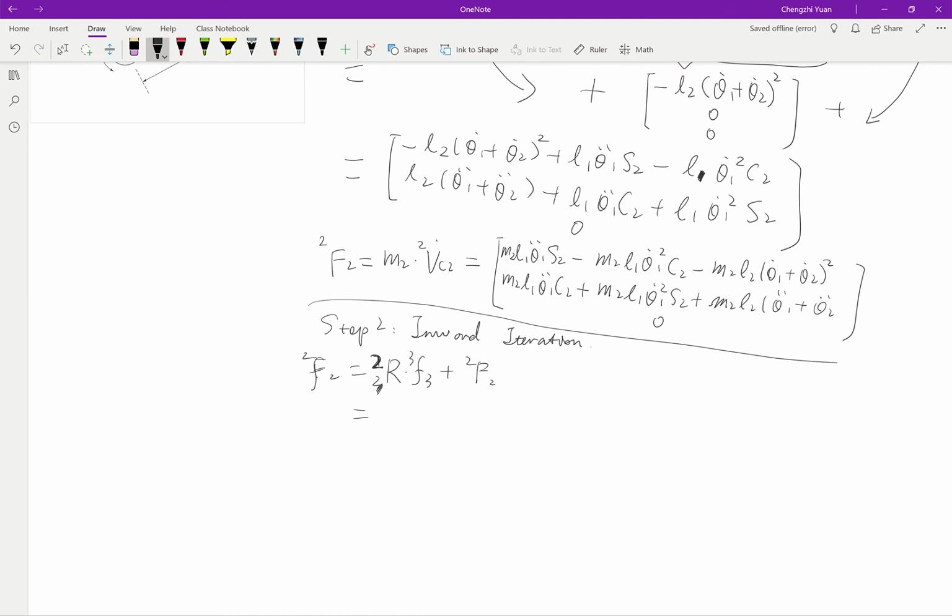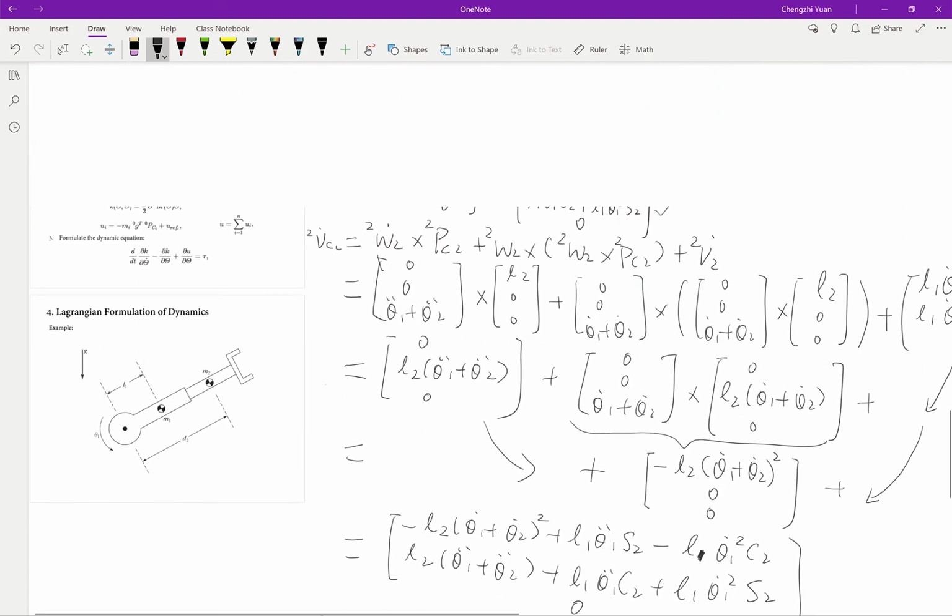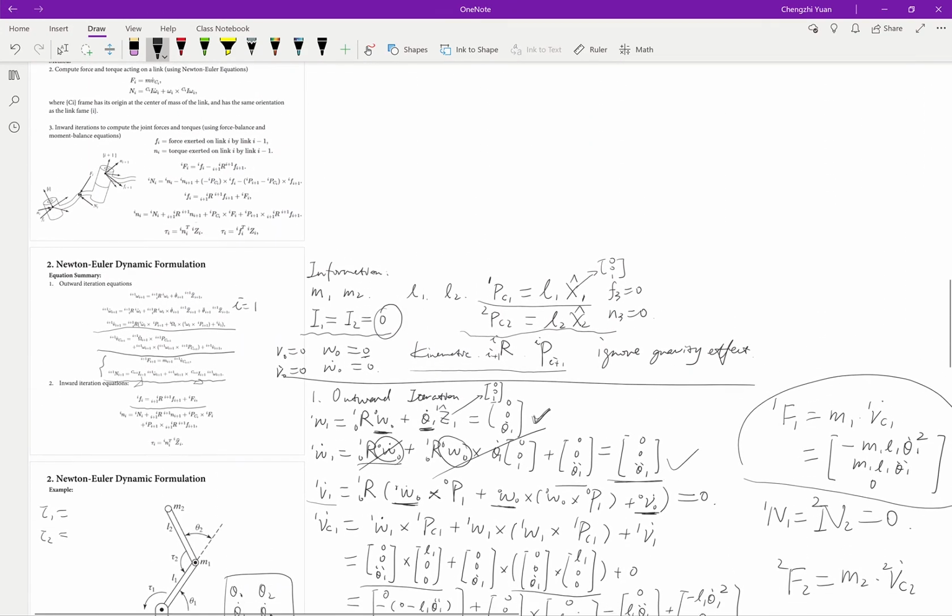The rotation matrix R23 is equal to C3... Oh, here we don't need to know the values of R23 because in this case the value of F33 is equal to 0.